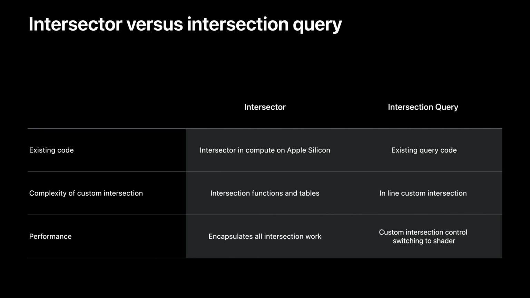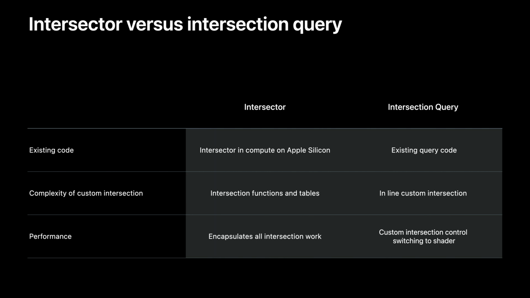Also, use of multiple query objects will require more memory. On the other hand, intersector can support those more complex cases by encapsulating all of the intersection work. If you have the opportunity, we would recommend comparing the performance of both solutions.